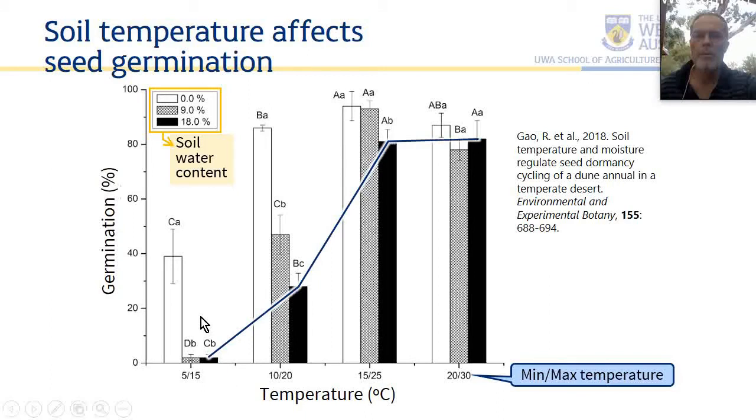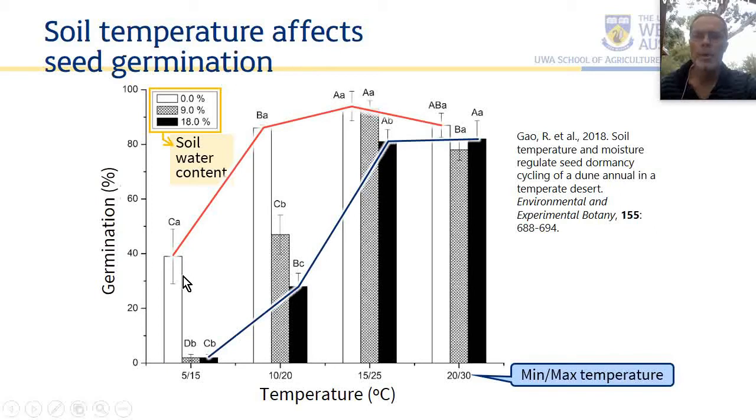So the main effect is for germination rate to increase as temperature increases, but there's a different behavior depending on soil water content. So for a moist soil, which is not restricting the uptake of water by the germinating seed, we see that there's a fairly consistent increase up to about a maximum temperature of 25 to 30.